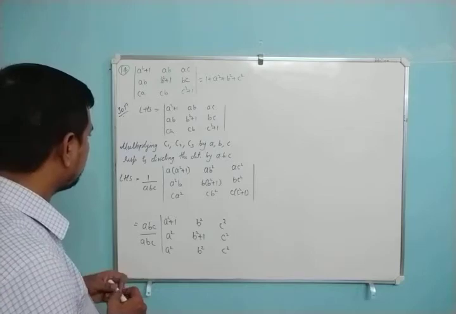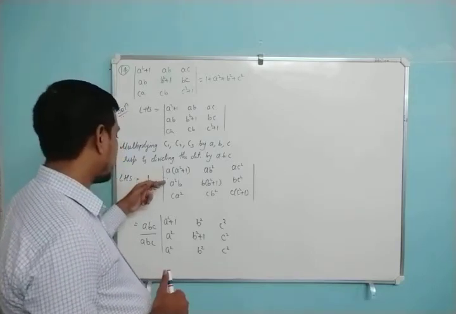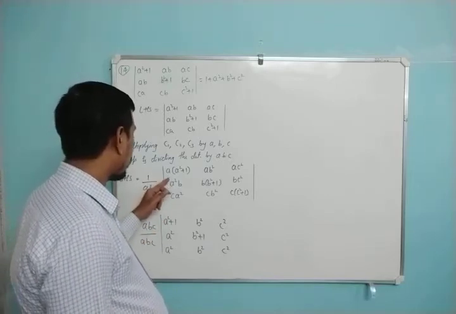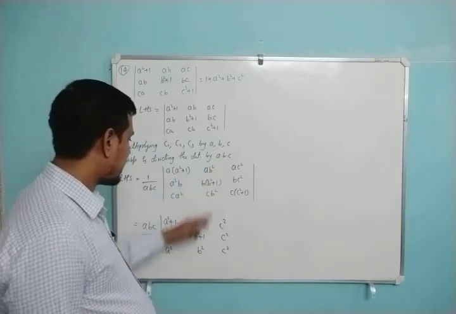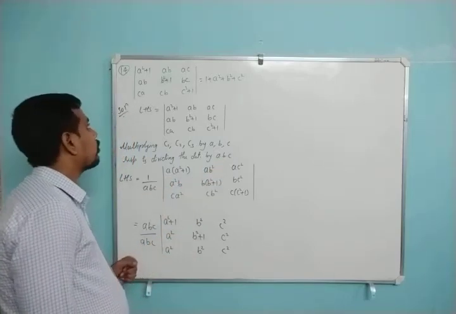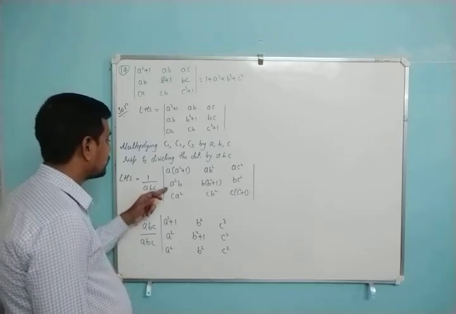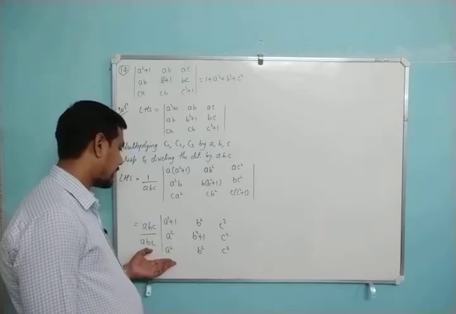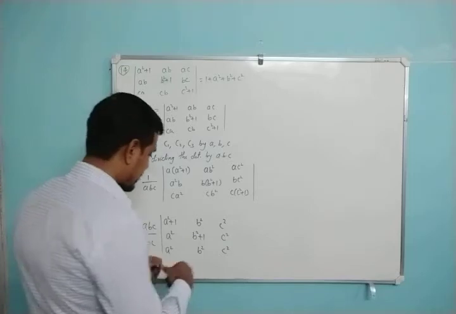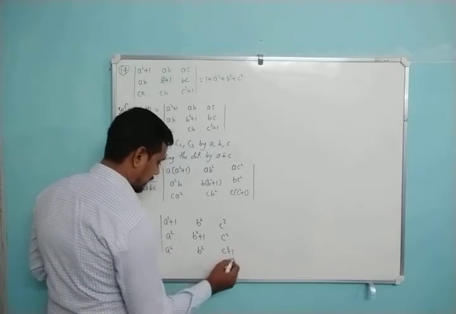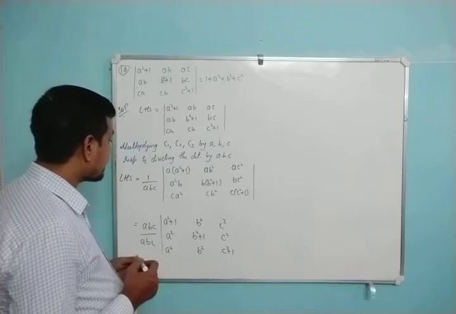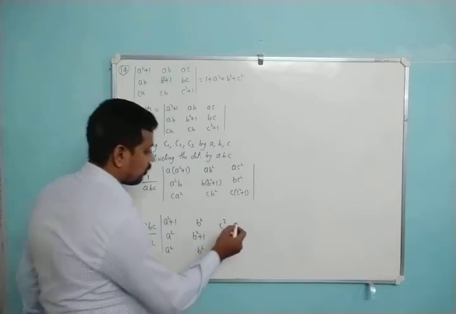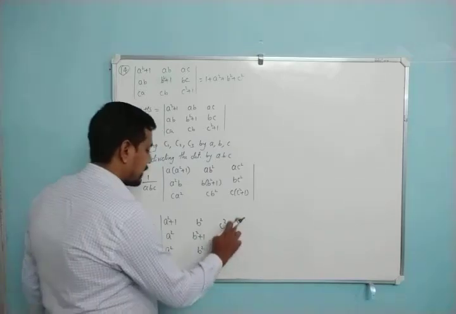So from the first row I have taken a common, so what is left out? a square plus 1, b square and c square. If I take b common, what remains here? a square, b square plus 1 and c square. And if I take c common here, it will be a square, b square and c square plus 1. Okay, this will be our determinant value.